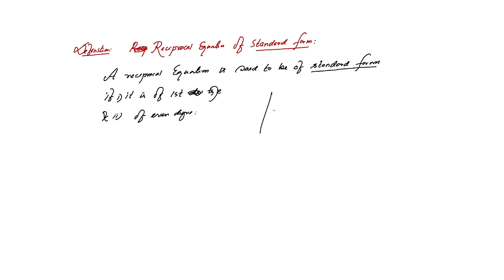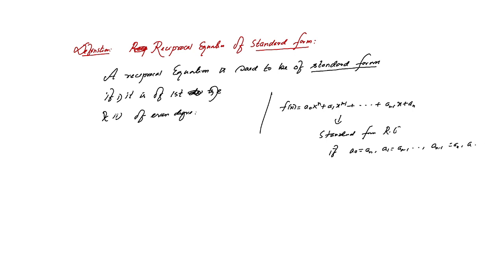So that means if you are given a reciprocal equation a0 x to the power n plus a1 x to the power n minus 1 plus ... plus a(n minus 1) x plus an, we will call it a standard form reciprocal equation if a0 equals an, a1 equals a(n minus 1), and so on, and an equals a0.